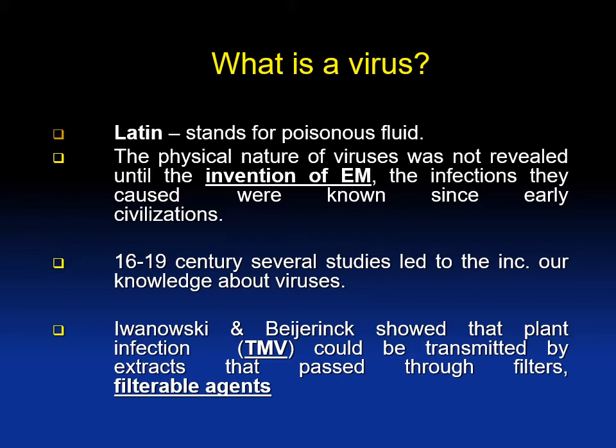Taking some of these solutions from the face and placing them on a healthy cattle or cow led to the transmission of similar characteristics of disease to the cattle we started with. So this was again considered a poisonous fluid that had the ability to transmit viruses from those infected to those non-infected plants and animals.